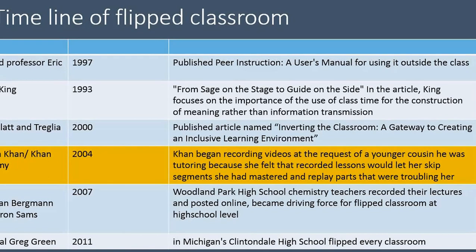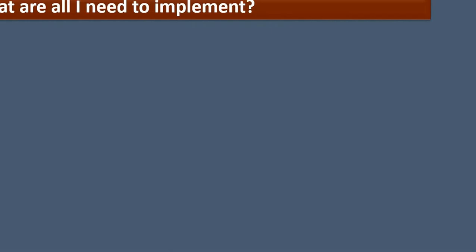This entire school has been flipped. So if you see Clintondale High School in Michigan, the school flipped every classroom. Whatever the class, whichever the subject, it is entirely flipped.